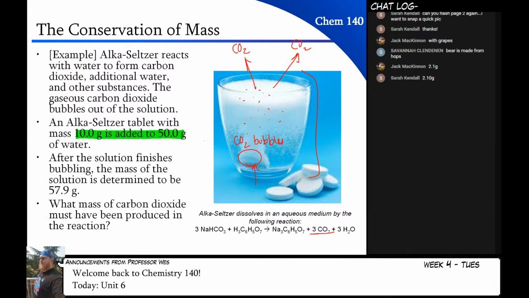Well, if I have this many grams of Alka-Seltzer plus water, and I subtract out what was left after the reaction, the difference must be whatever escaped the container. And so I would have 2.1 grams of CO2 was observed.